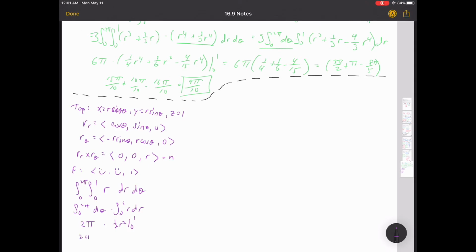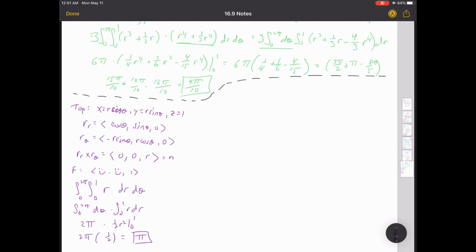Plugging a 1 in there, you just get a half. Plugging a 0 in there, we get nothing, so we get pi out of this one. We know the answer is supposed to be 9 pi tenths, so that tells me that the lateral face of this cone should be negative pi tenths if we work this whole thing out right.